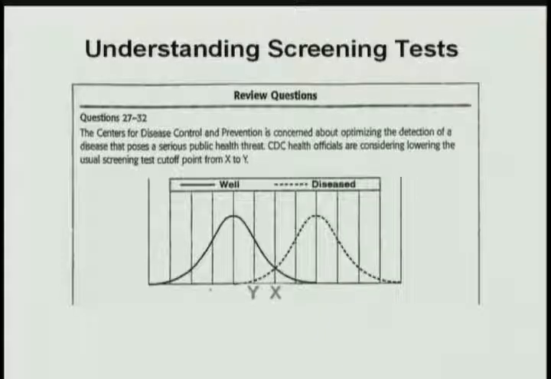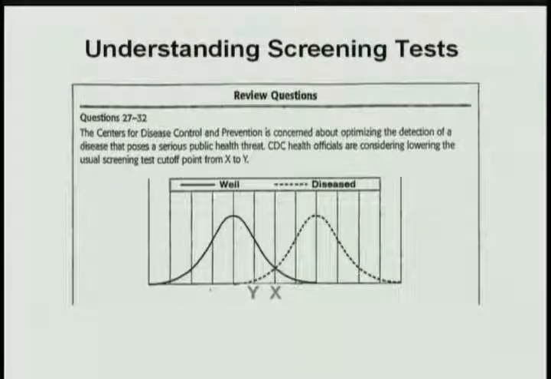When I'm at Y, I'm saying positive to the right, negative to the left. You can see that all those people between X and Y of the healthy distribution who were classified correctly before are now incorrectly classified. Incorrectly classified, that would be false positives. The false positives, of course, are increasing with this move from X to Y.